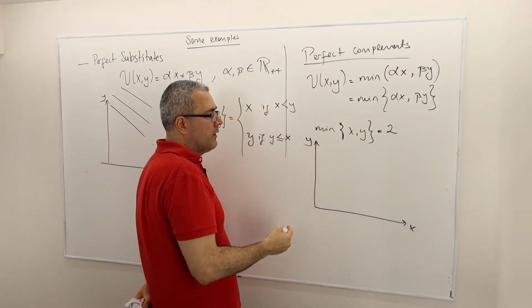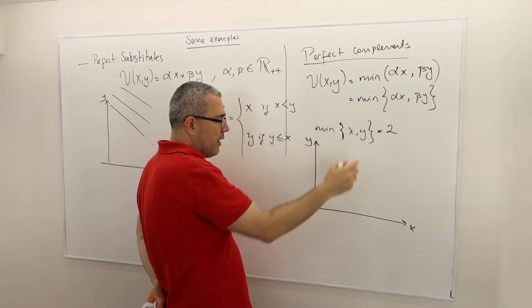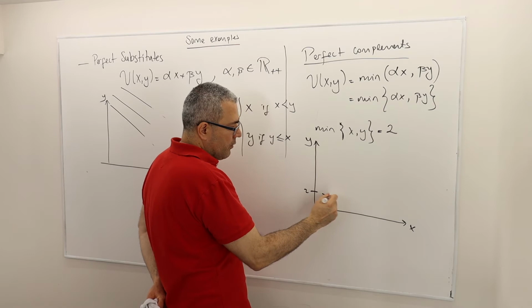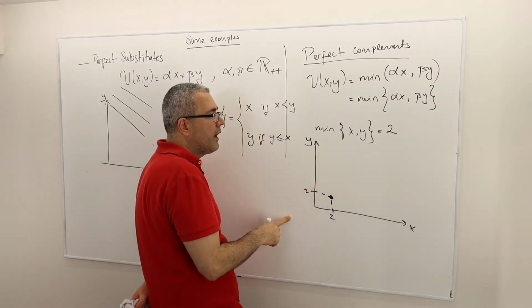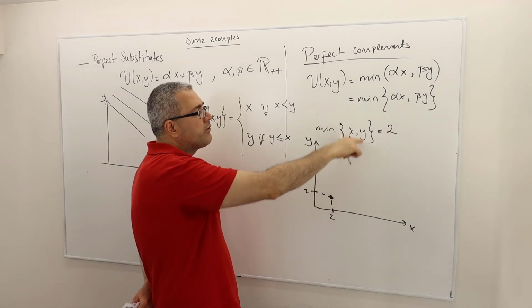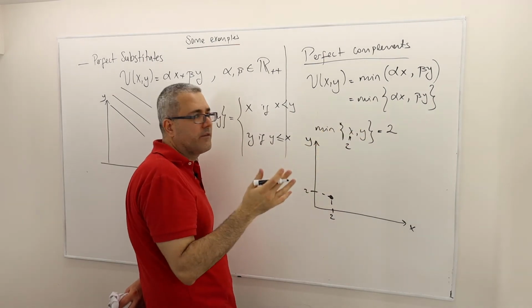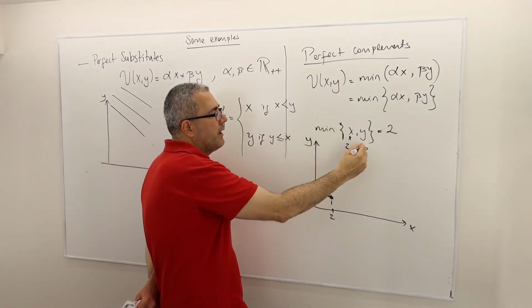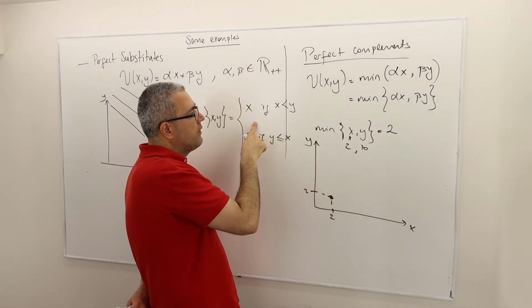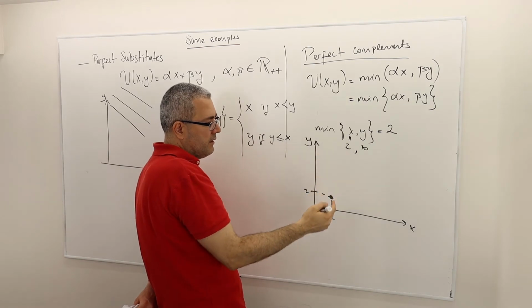So when is this possible? For example, when x is 2 and y is 2, then the utility is going to be 2. All right, so that's on my indifference curve. What else? Let's keep x being 2 and increase y. So y is 10, for example, 2 comma 10. Which one is smaller? Clearly 2, right? So my utility level is still 2.